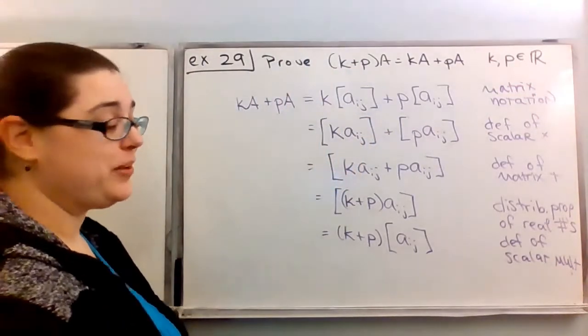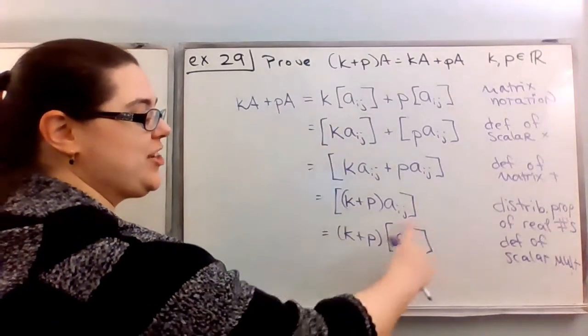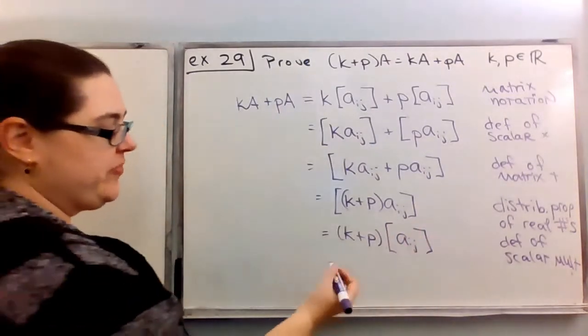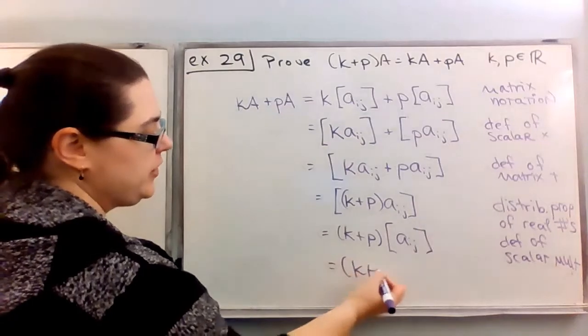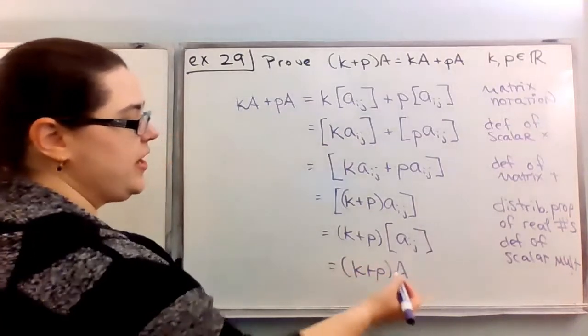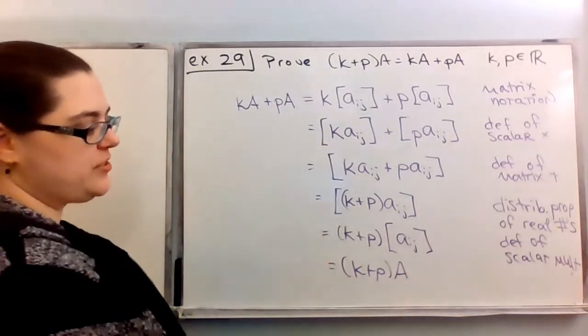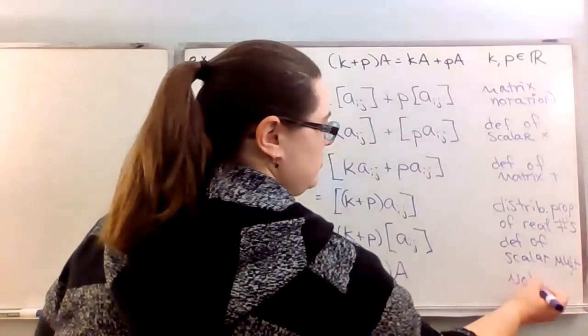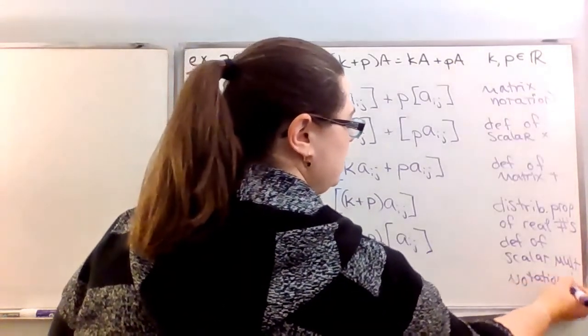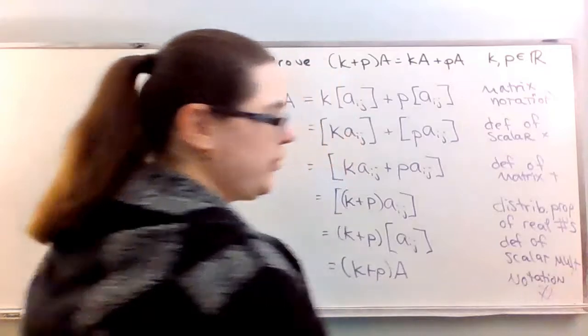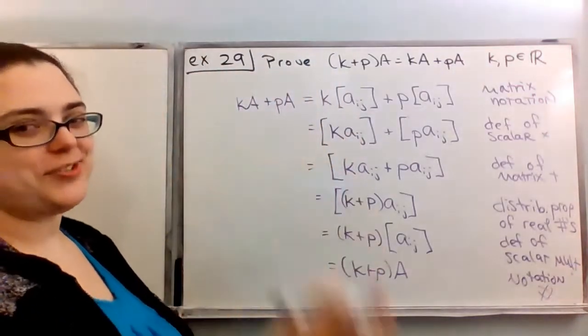And now I'm super happy because we have just Aij, and that's our matrix A. So this is K plus P times our matrix A, because of our notation. QED, we're all done. Yay.